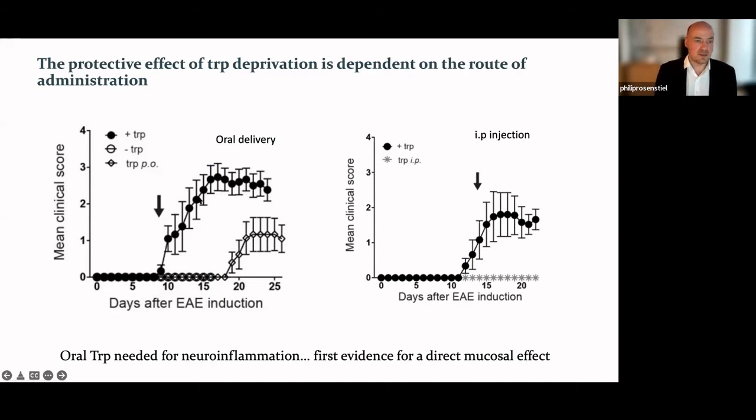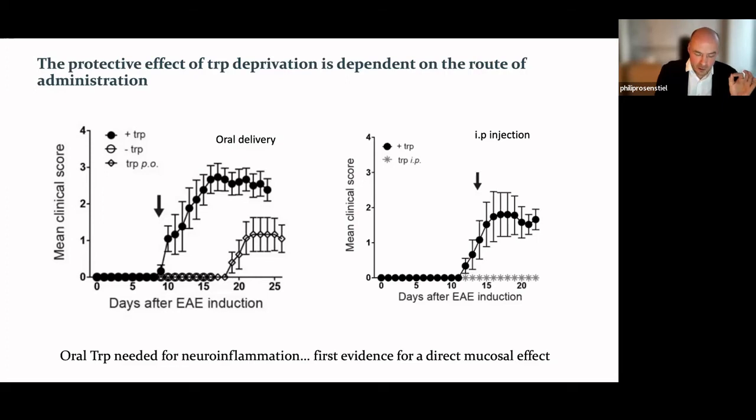On the left side you see the normal condition plus tryptophan, and then there is the inhibition. If you then start feeding the animals tryptophan again on a later day after the vaccination, there is again a mounting of this autoimmunity. Now, if you inject the tryptophan intraperitoneally, thereby circumventing the microbes in the gut, the inhibitory effect stays basically the same.